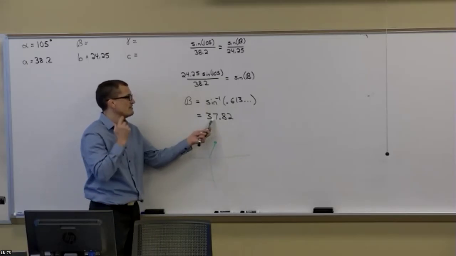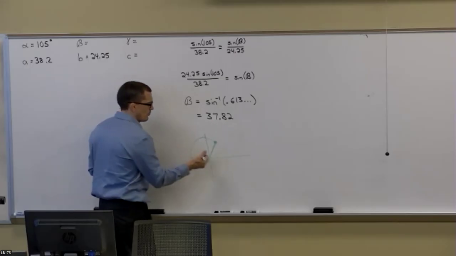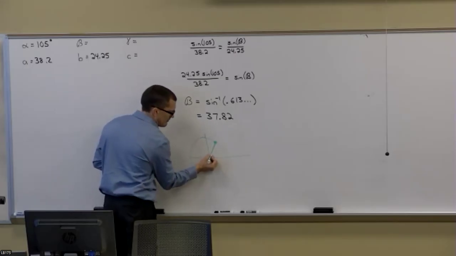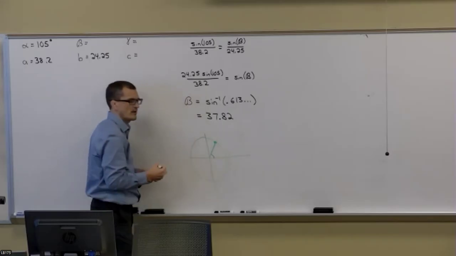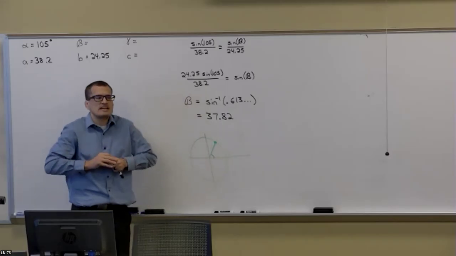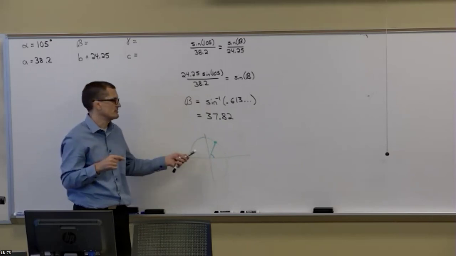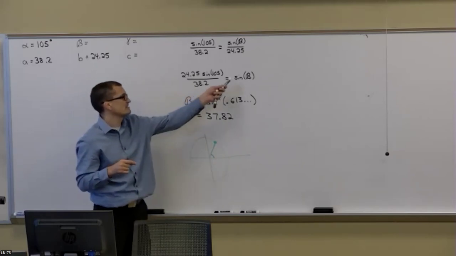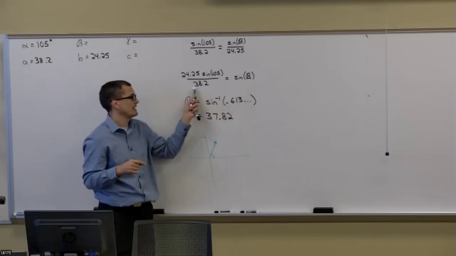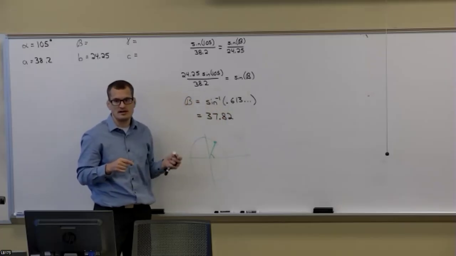The 37.82 was this angle. There's actually another angle on the unit circle that has the same sine value of 0.6131 and so on.